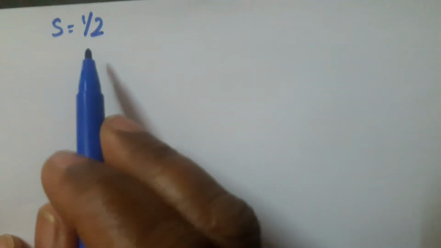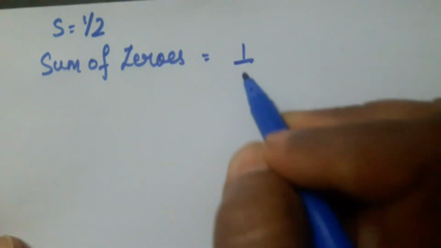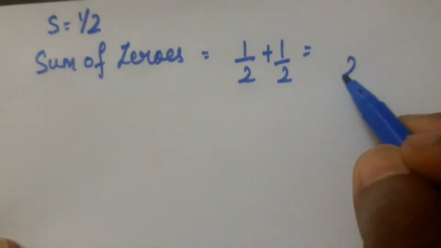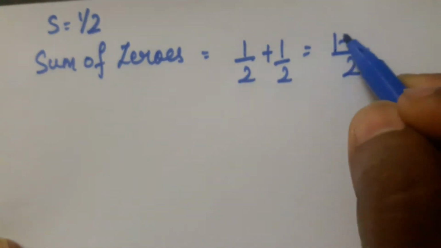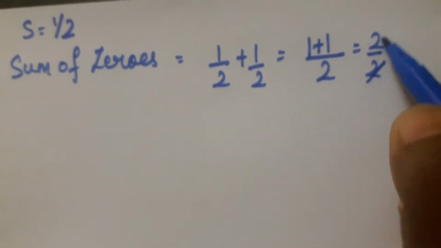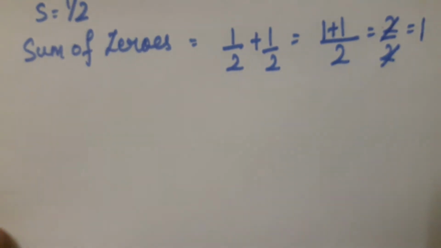So what is the sum of zeros then? Sum of zeros is equal to, we are adding the zeros, right? So it will be half plus half, that is, if you take the LCM you have 2, and 1 plus 1, that's equal to 2 by 2, which will give you 1, right?